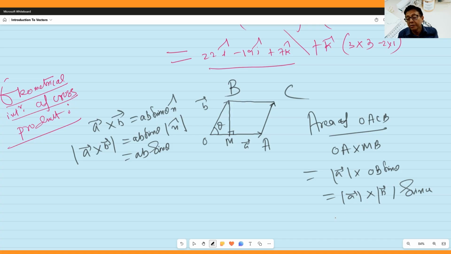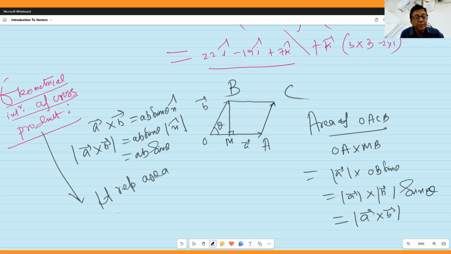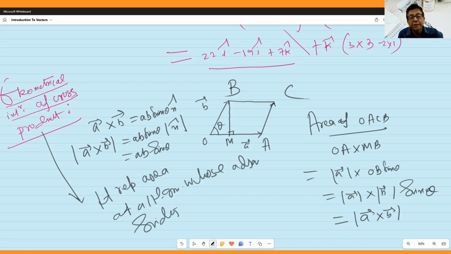This is nothing but mod of A cross B. So geometrically, it represents area of a parallelogram whose adjacent sides are given.